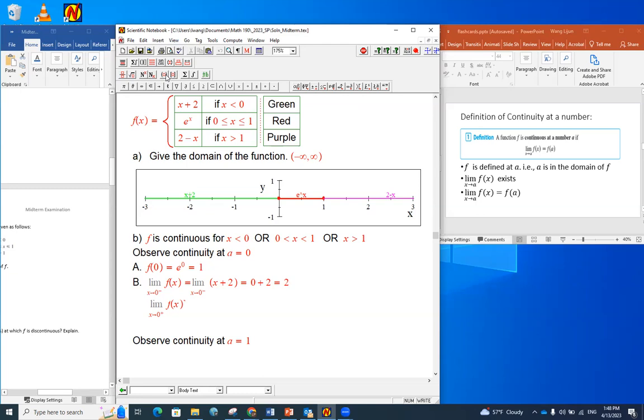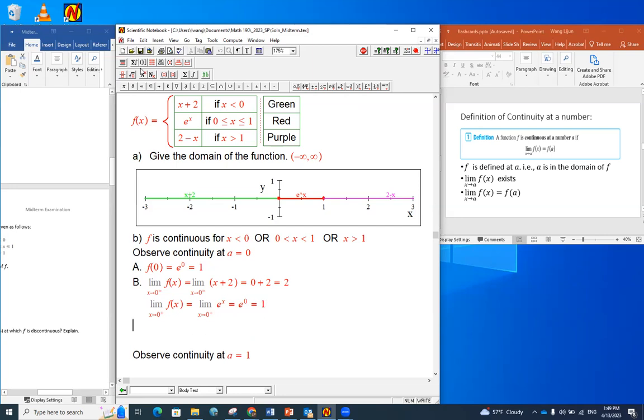Now, what do we see? You could find the limit from the left, and you also find the limit from the right. I'm going to show you there's some flexibility here. When x approaches 0 from larger than 0, that's going to be e to the power x. That's direct substitution, e to the power 0, and that equals 1.